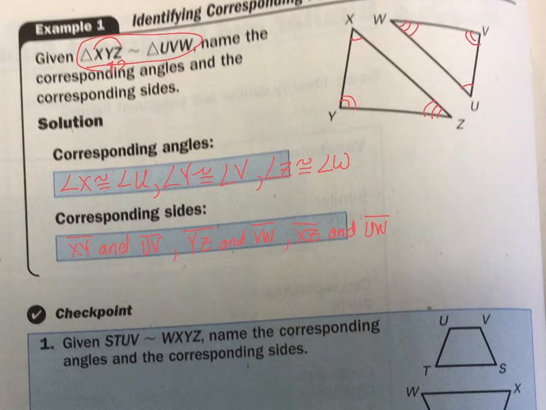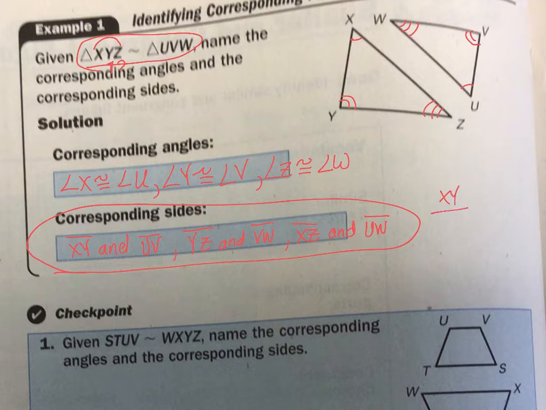No. Everybody remember that? All the angles add up to 180. Basically what you're going to be using out of this is the ratio of sides. I would say XY over UV is going to equal YZ over VW, which is going to equal XZ over UW.